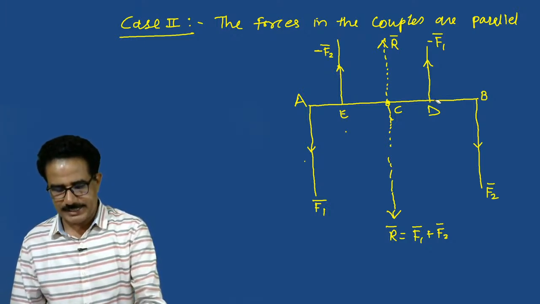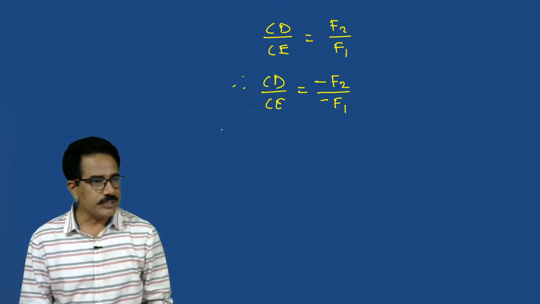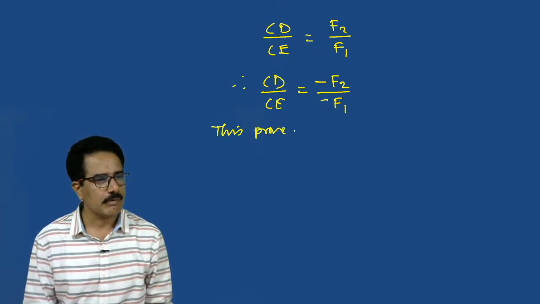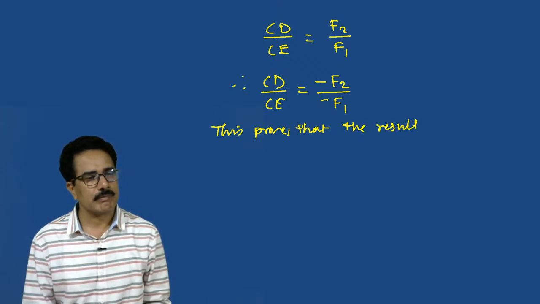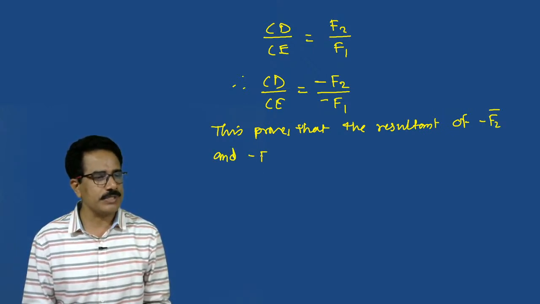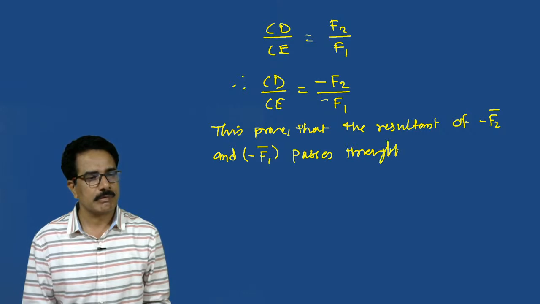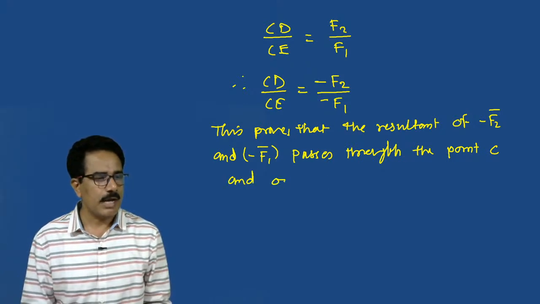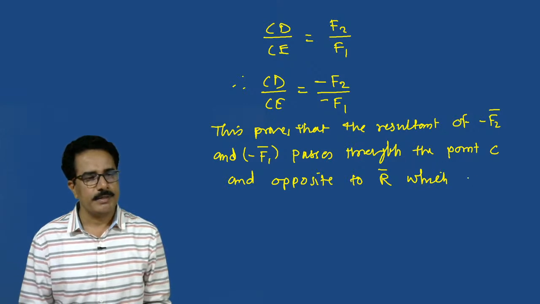So we can write it as series. म्हणजेच हे काय मिळालं पहा, this shows that, this proves that the resultant of minus F2 bar and minus F1 bar passes through the point C and opposite to R bar, which is minus R bar.